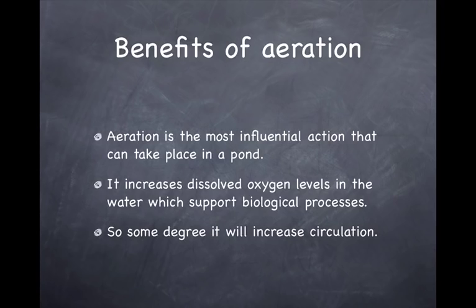Also, aeration in its various forms will help increase circulation in the pond, and particularly when you have a very stagnant pond. Some ponds have incoming streams or water that may help flow through it. You may have an inflow and an outflow, which helps somewhat, but many ponds are very stagnant, and particularly down low in the pond, it just so happens that oxygen is low there, and in many cases circulation is low.